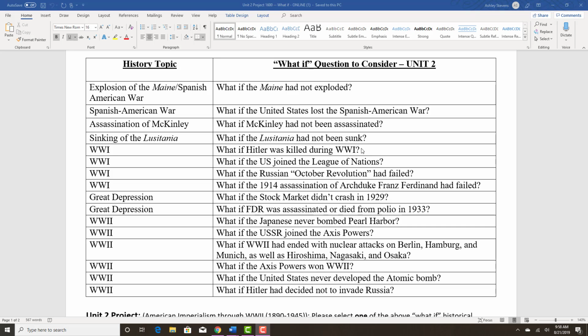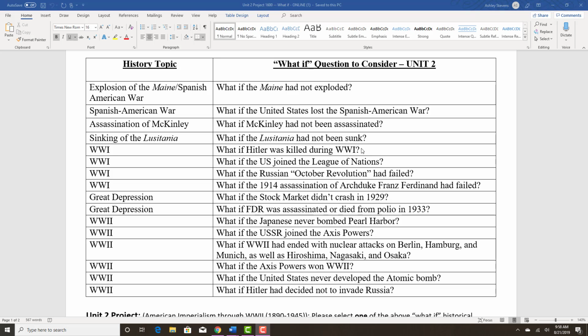Maybe you just pick a narrow topic like, if Hitler had been killed during World War I, another Hitler-like character would rise up. Or if Hitler had been killed during World War I, there would have never been a Holocaust, and the repercussions of the Holocaust would have never happened, or the word genocide wouldn't be as prevalent.